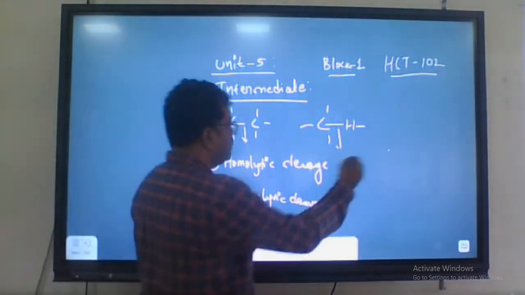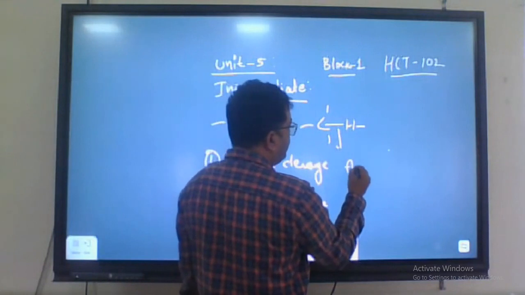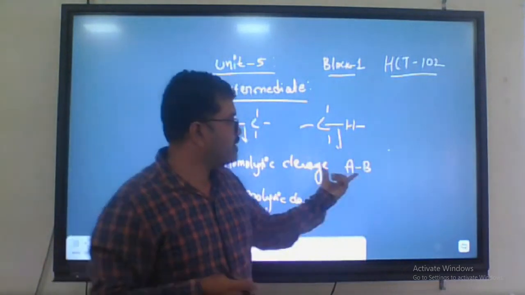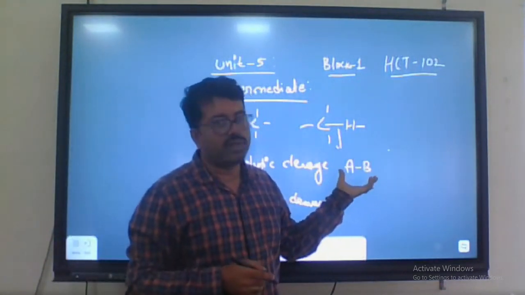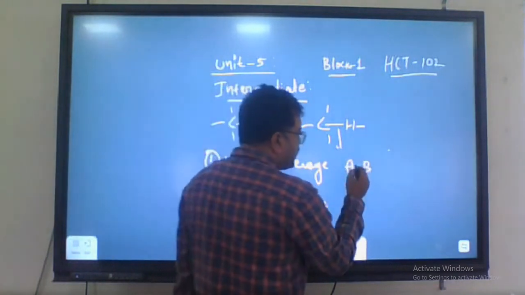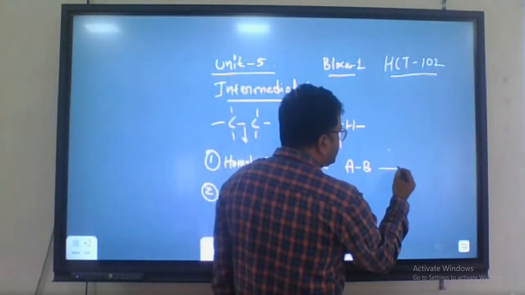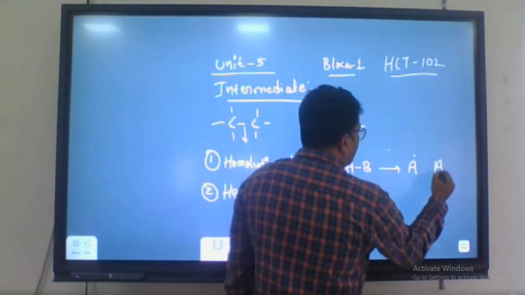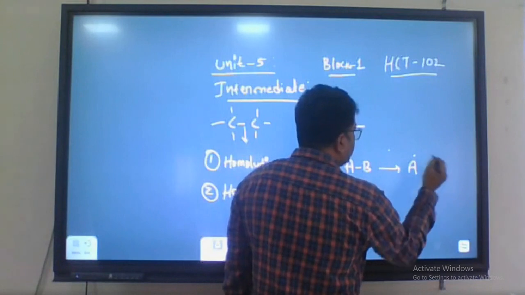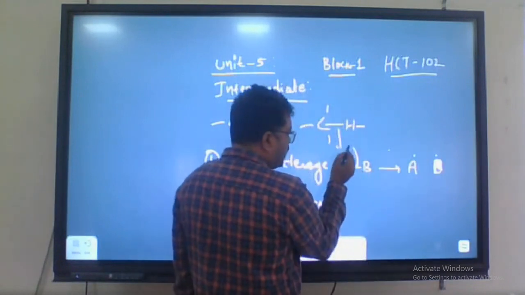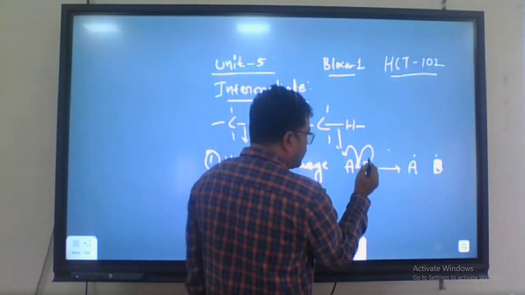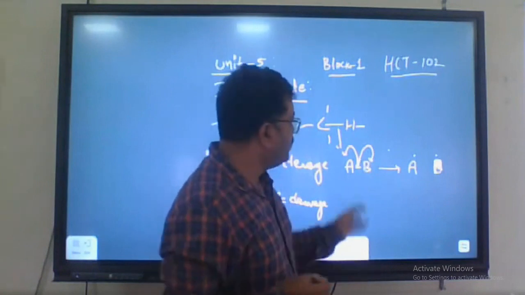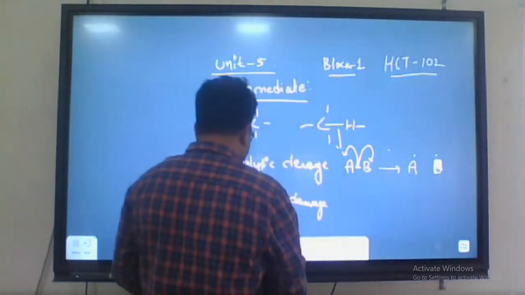What is homolytic cleavage? The bond is between A and B, so it means the same electronegativity. If it is the same electronegativity, the shared pair of electrons is carried equally, each element carries an equal electron. Homolytic cleavage means one electron on the A side, another electron on the B side.